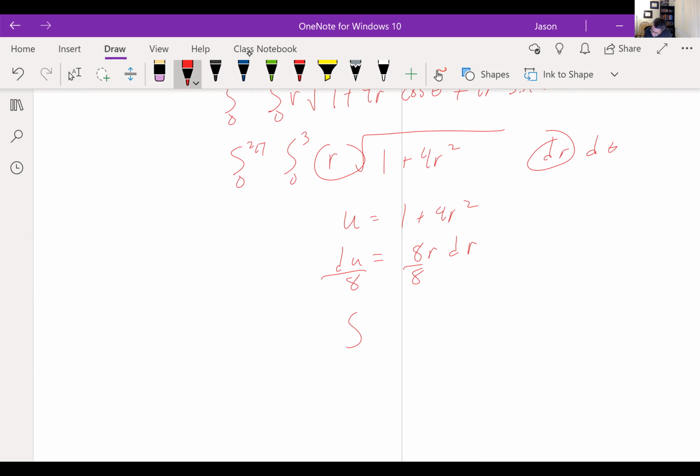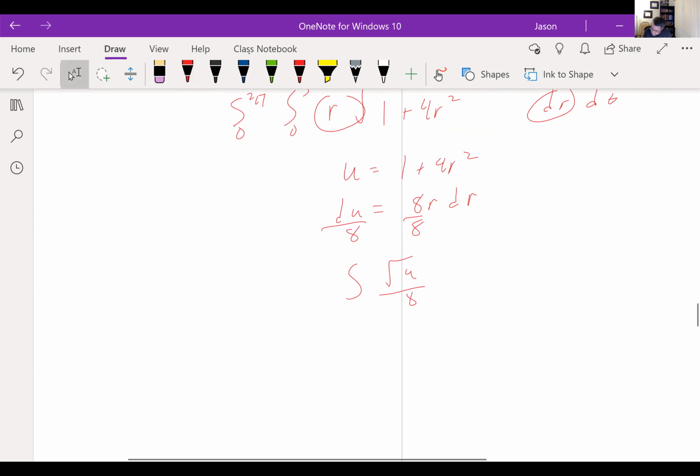Then we're going to integrate. We have the square root of u over 8, so that's u to the 1/2. When I integrate that, I get 2/3 u to the 3/2 over 8.